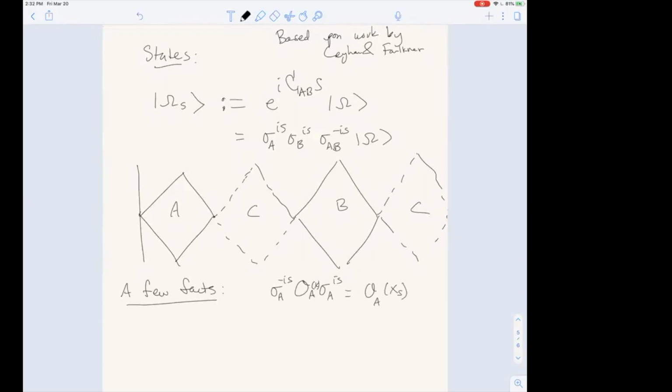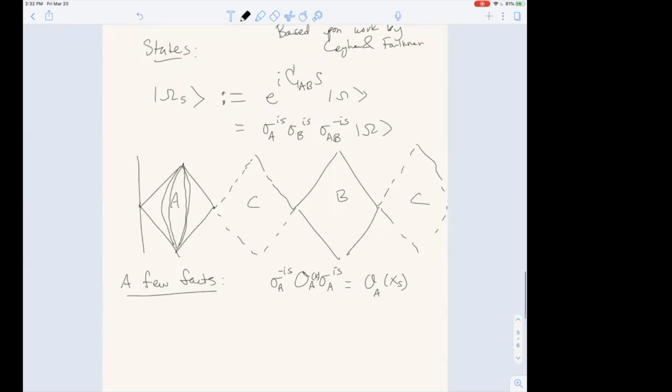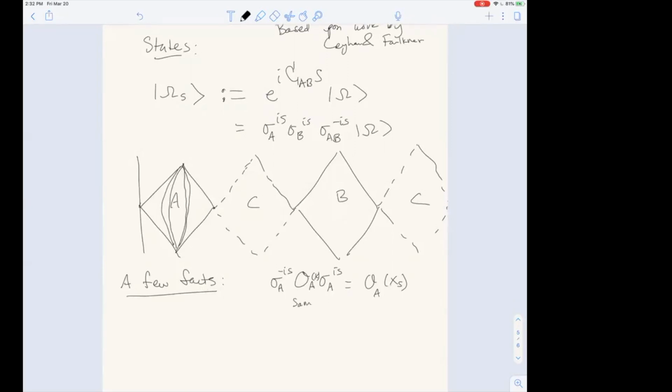In particular, it's a conformal Killing vector in this region, and it is just conformally boosting all these operators, right? Similarly for B. This is special to 1+1D conformal field theories. But what is not true is that sigma_AB to the is generates a non-local flow.